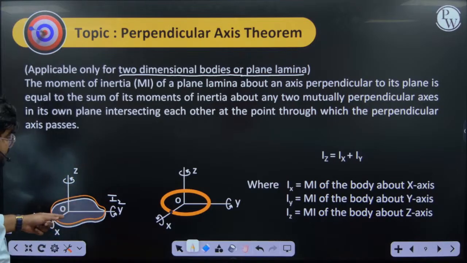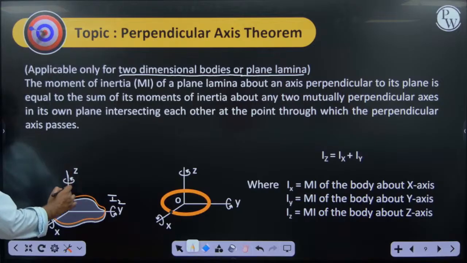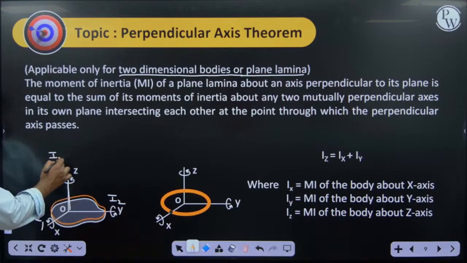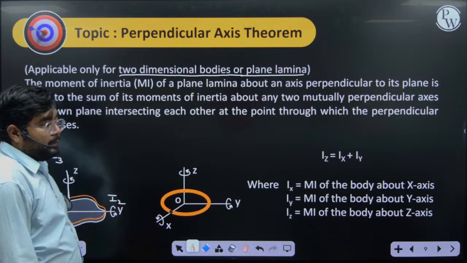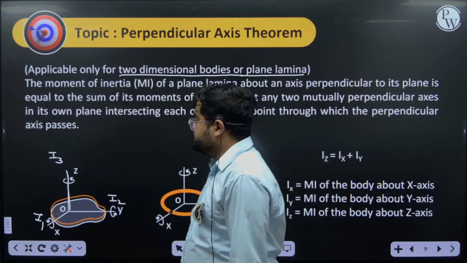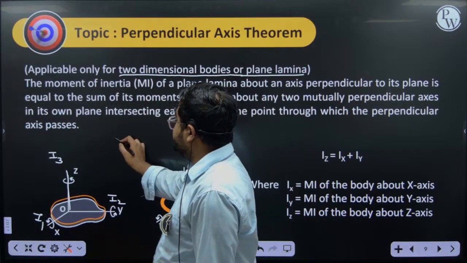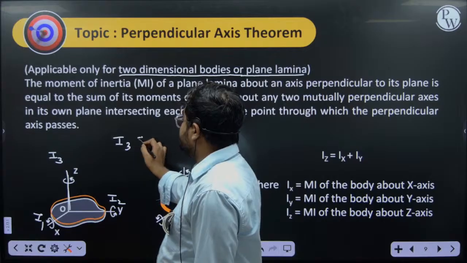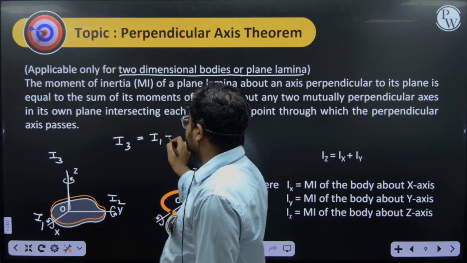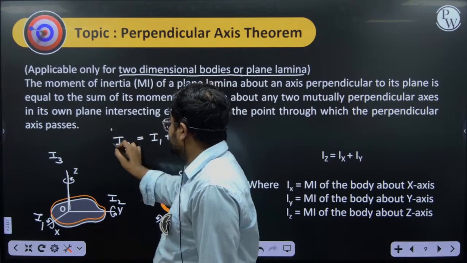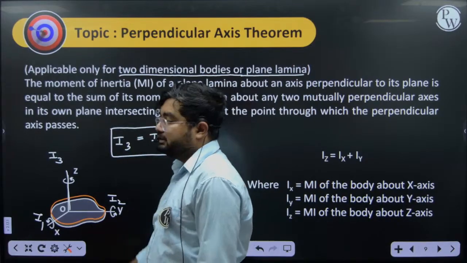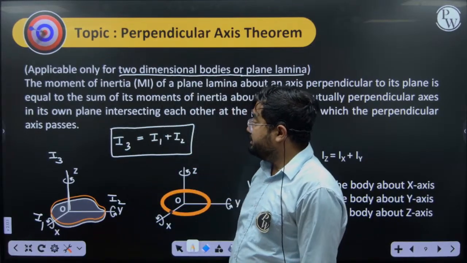The moment of inertia about the z axis is I3. Then the perpendicular axis theorem says that I3 will be the sum of I1 and I2.